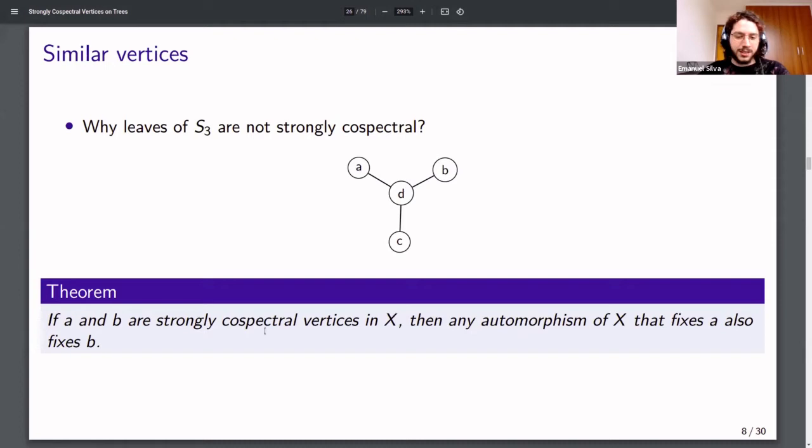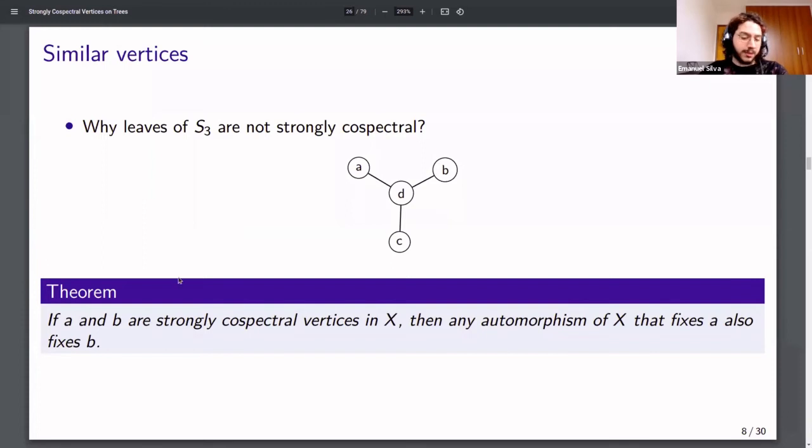If two vertices are strongly cospectral, then every automorphism that fixes one of the vertices must also fix the other vertex, which is not true in this case. For example, there is an automorphism that swaps vertices A and B but fixes vertex C, and therefore C cannot be strongly cospectral with A or with B. And this occurs for every pair of vertices here.